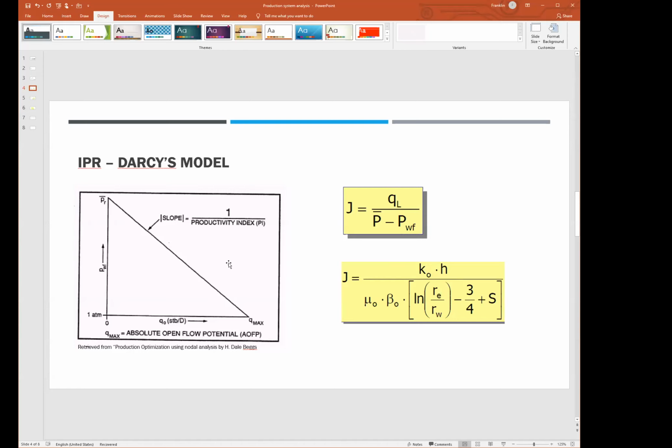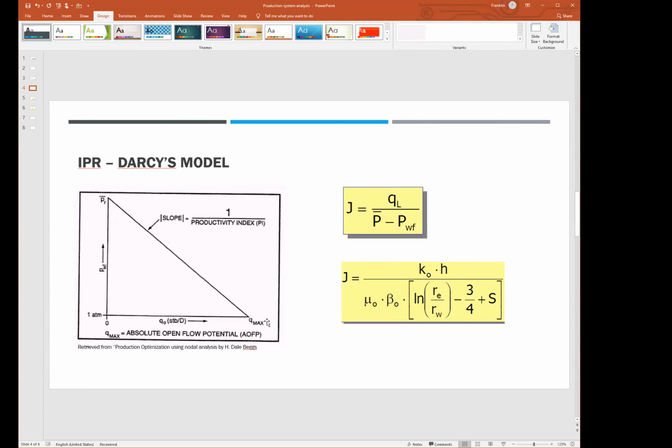We know very well that the Darcy equation is applicable only when we are in a monophasic situation, which is when my reservoir pressure is above the saturation pressure, in order to have this linear relationship. So my IPR is basically the inverse of my productivity index.